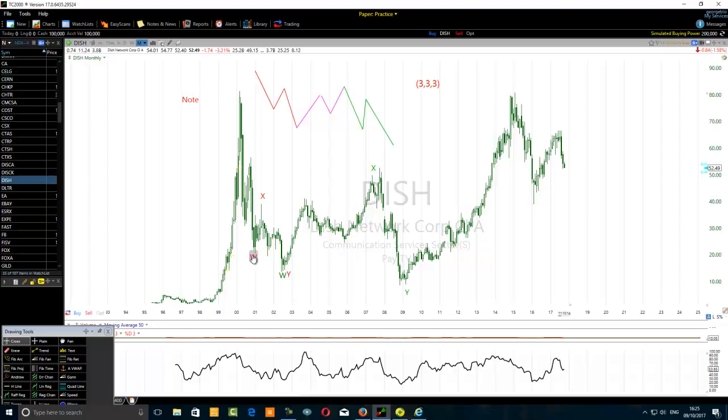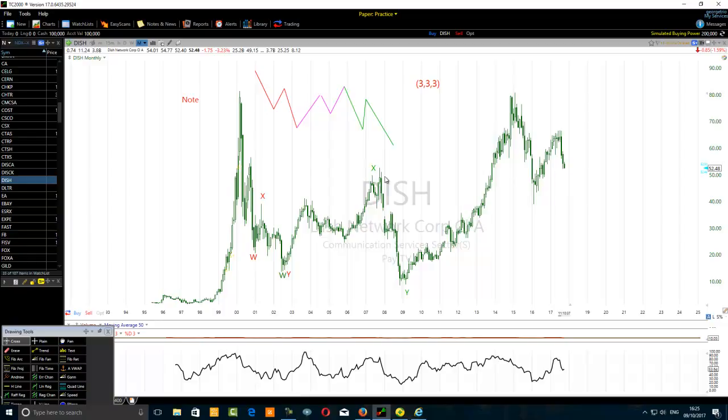So the W can be a zigzag, can be a flat correction. In theory, cannot be a triangle. So it's a corrective wave, any type of corrective wave. The X is a failure of a trend, 1, 2, 3 in the shell, 1, 2, 3 like this. The Y is another corrective wave.